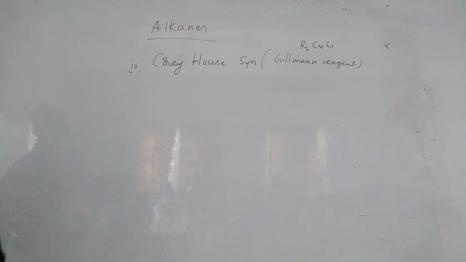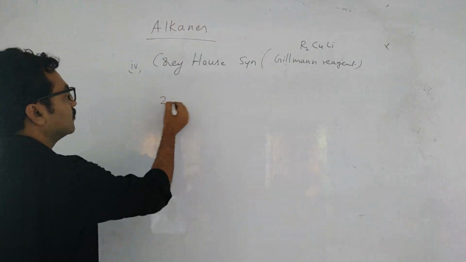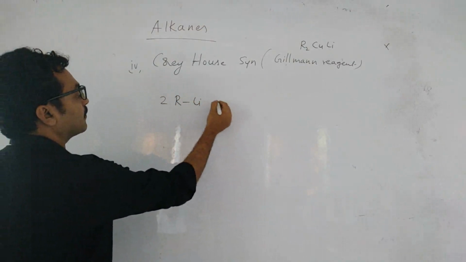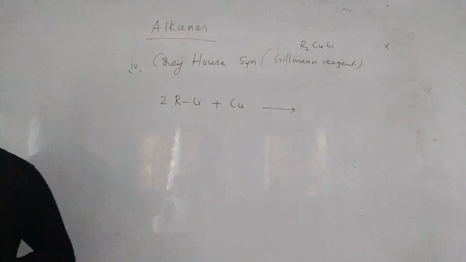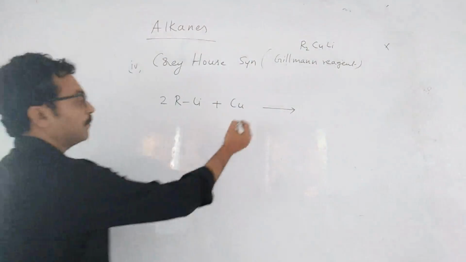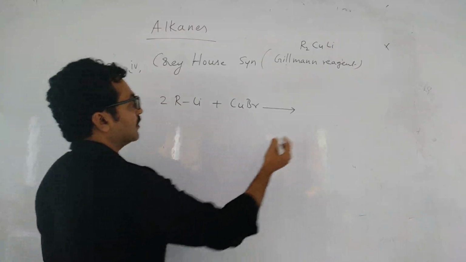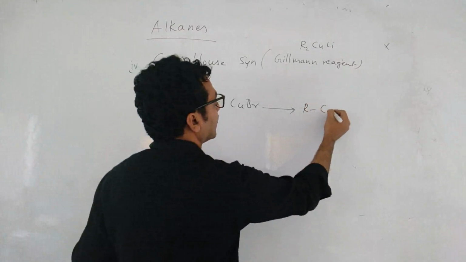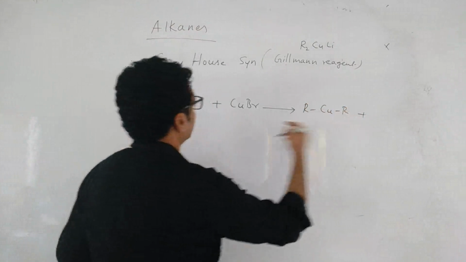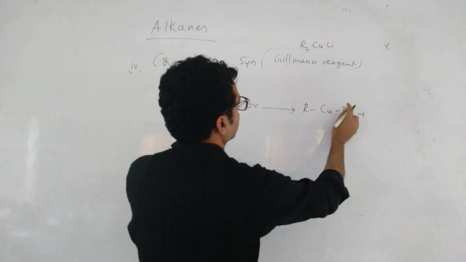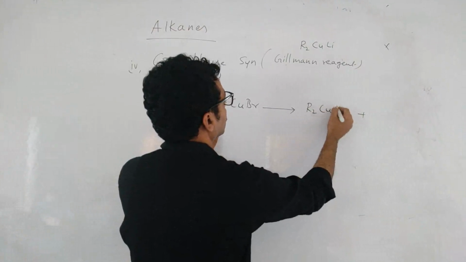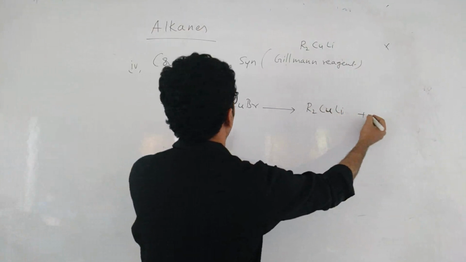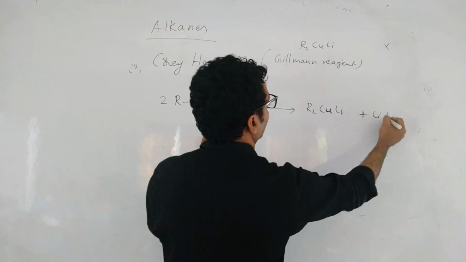Direct reaction we will see: 2RLi plus copper bromide. They won't ask preparation, but the reagent is important. Now we will get dialkyl lithium copper, R2CuLi, plus lithium bromide.